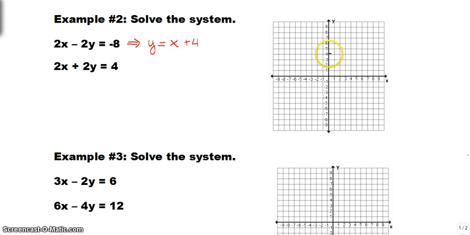So I can graph that by putting my y-intercept at 4 and my slope is 1. When you're solving by graphing, you always want to put all of the points that you can fit on the coordinate plane for your first line, because you want to make sure it's really clear where they intersect when you graph your second line.